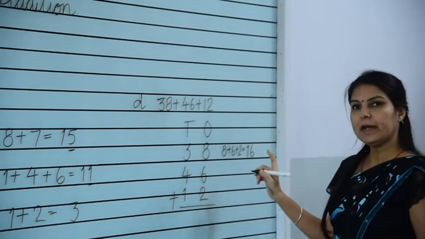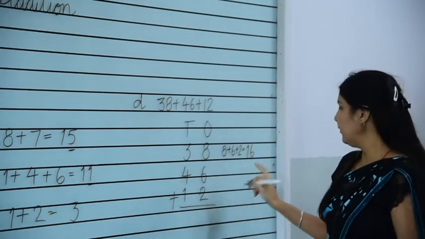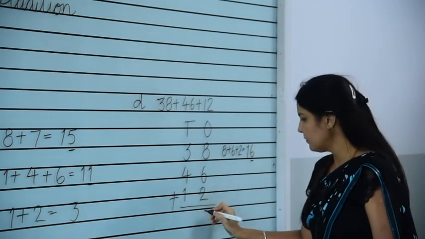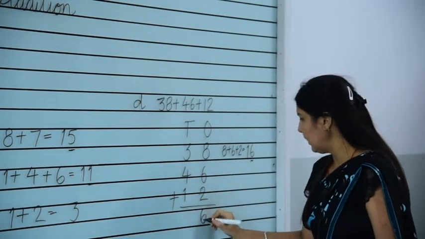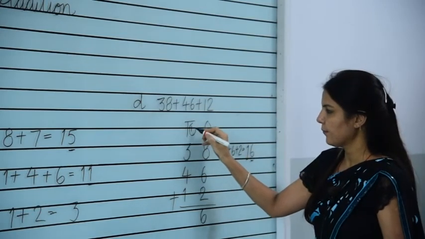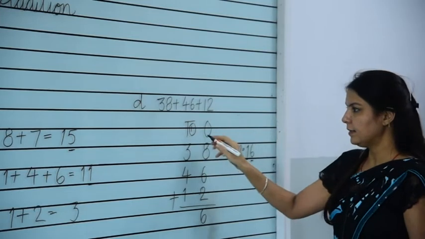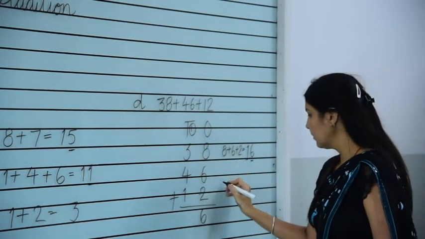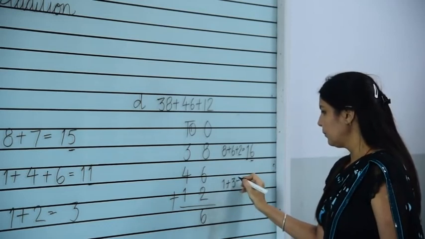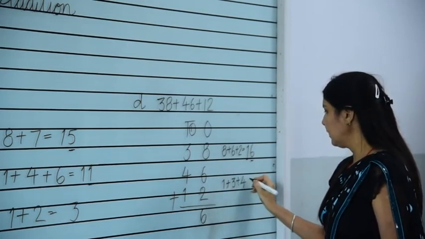So what will we write here? We will write 6 under ones place and carry over the other one to tens place. Now we will add the carryover 1 plus 3 plus 4 and 1.